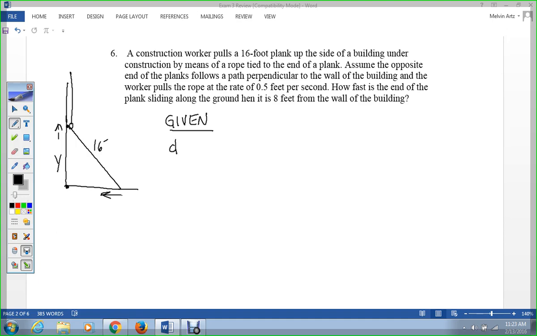So that's a position function. So if I take the derivative of a position function, it gives me the velocity. So we'd have 0.5 feet per second.